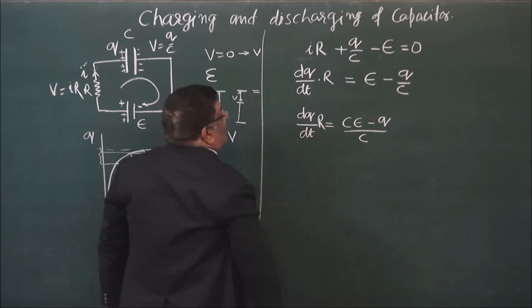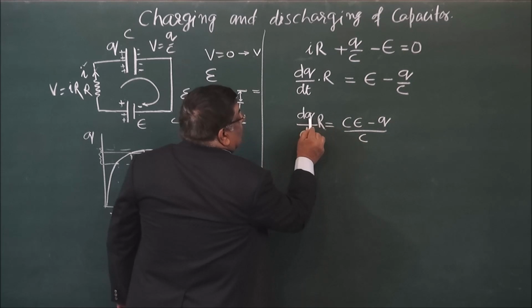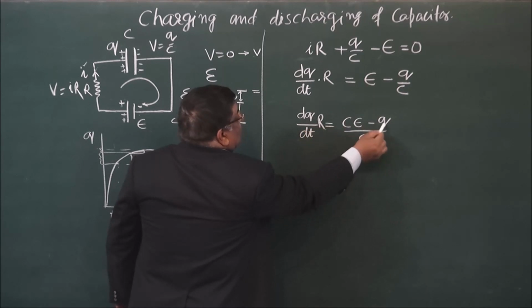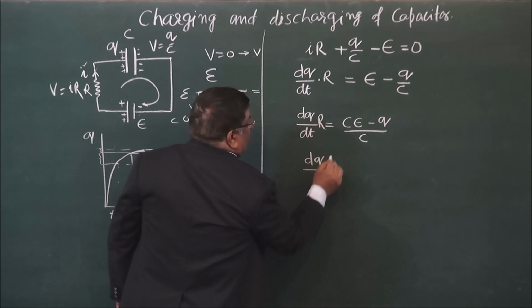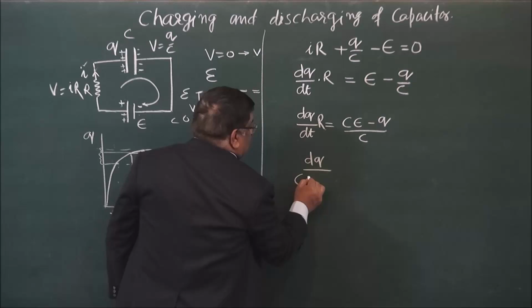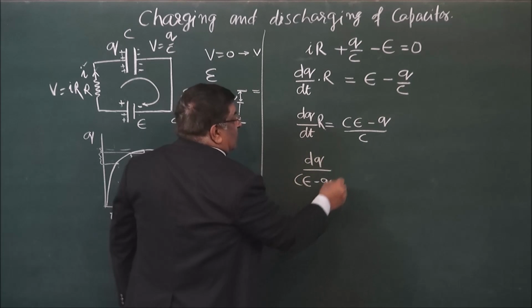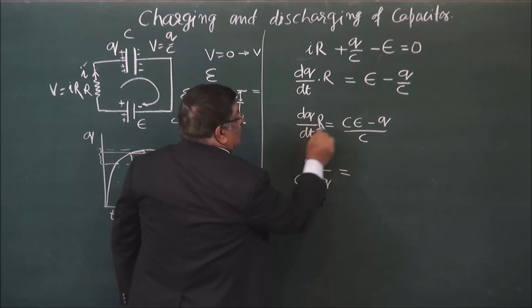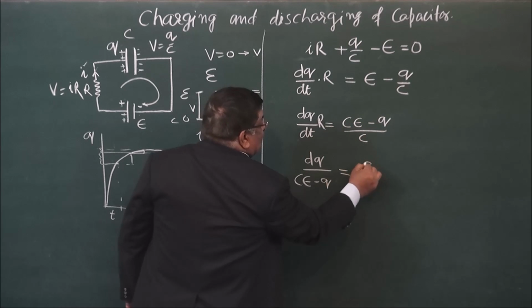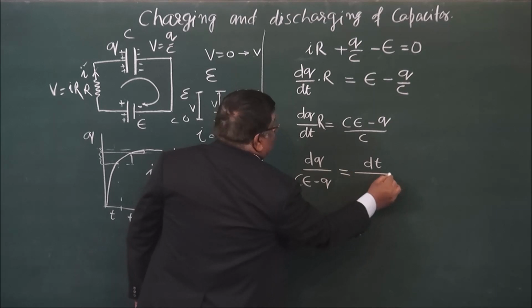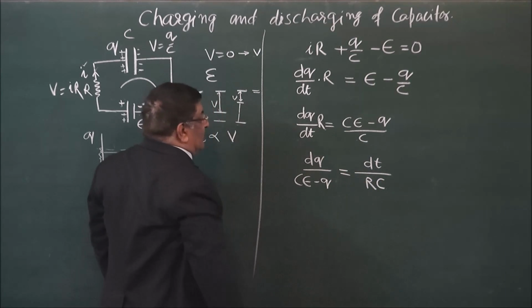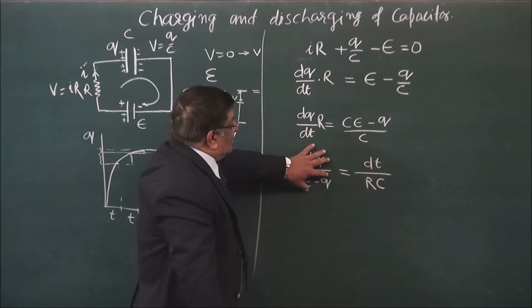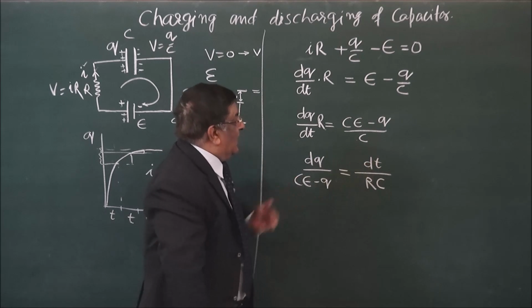Now q, dq, they are related, so I put it this way, dq upon CE minus q, because all the functions of q are here, are equal to, dt will go on this side, so this is dt upon R will go here, RC. Okay, so this is the relation of q versus time.